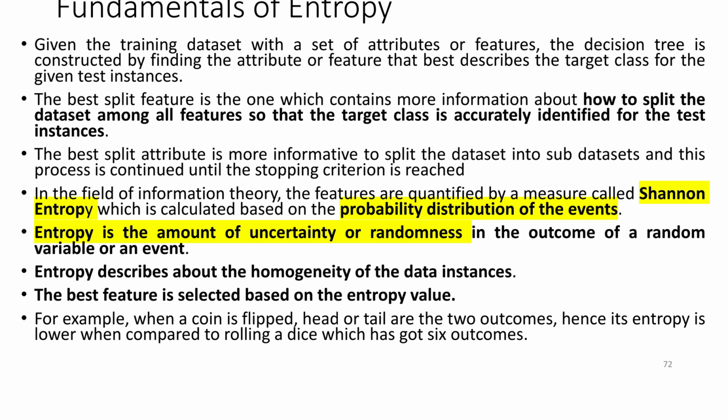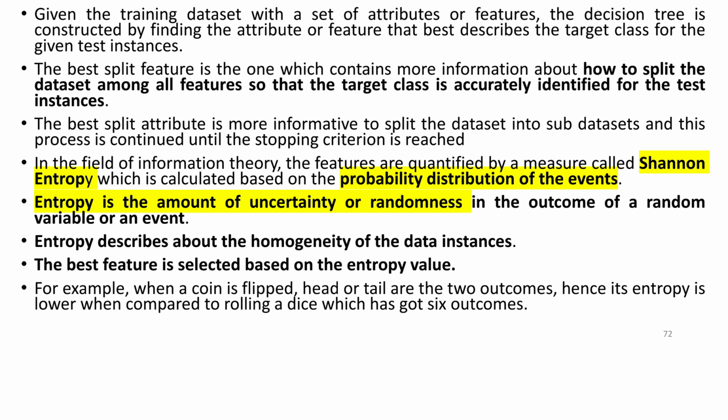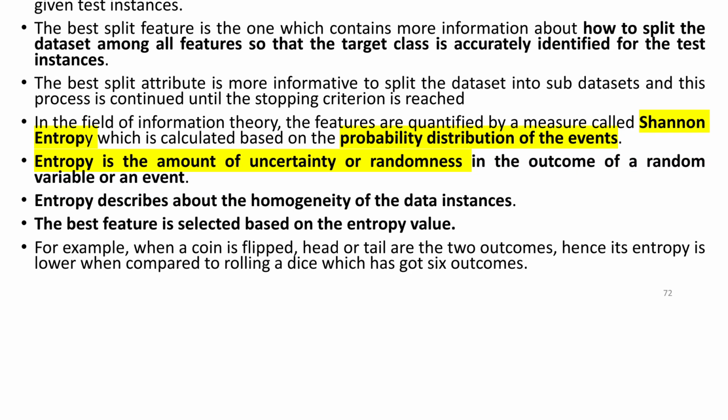But when you toss a dice, the chances are more. It can be one, it can be two, or it can be three, like that. The probability of occurrence of the event is used here. Entropy describes the homogeneity, the purity of the data instances. The best feature is selected based on the entropy value.